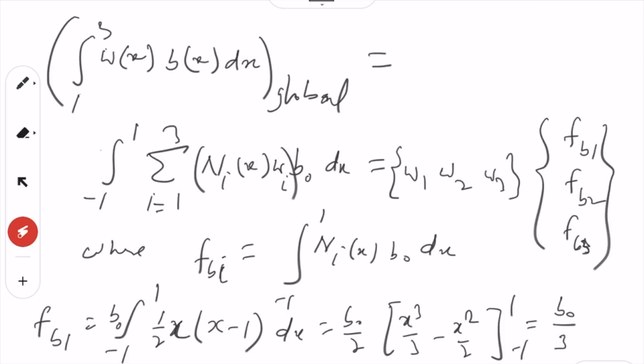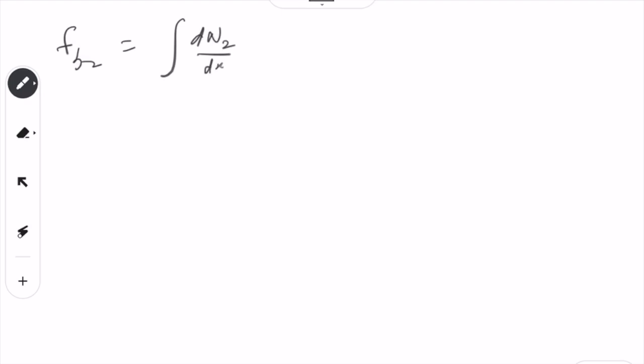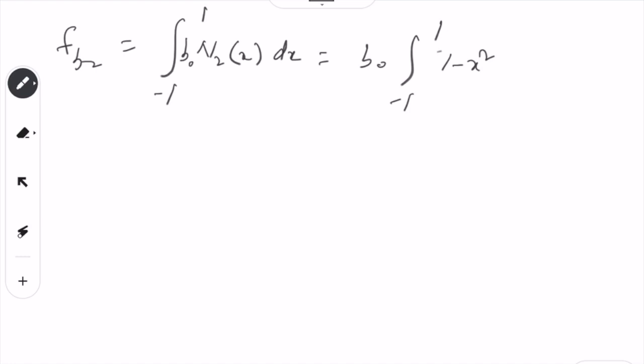Similarly, FB2 will be the integral from minus 1 to 1 of N2 times B naught dx, and N2 is 1 minus x square, since at x equal to 0 the value is 1.